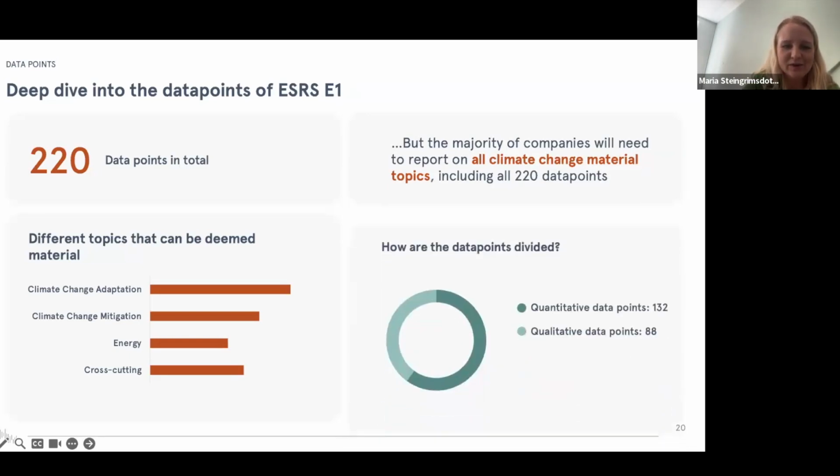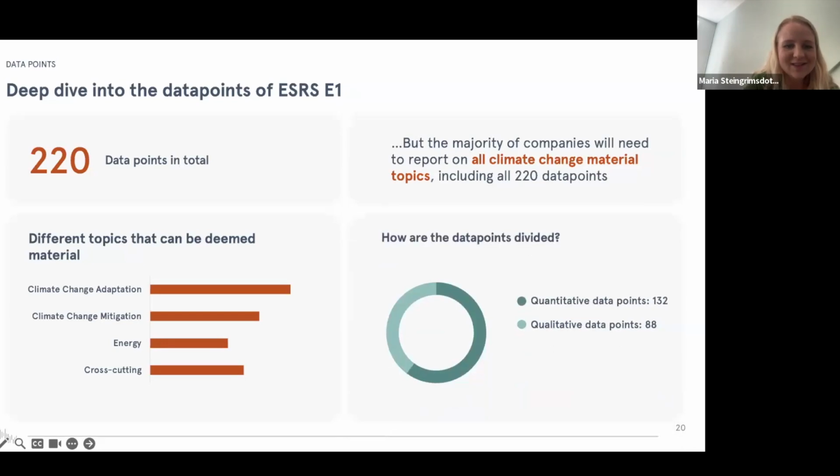And in our experience doing a lot of double materiality assessment, we see that climate change is material for almost every company. And if we look a little bit into how the data points are divided, there are 132 that are quantitative, so most of them are quantitative. And then there are 88 that are qualitative, meaning text descriptions, etc.